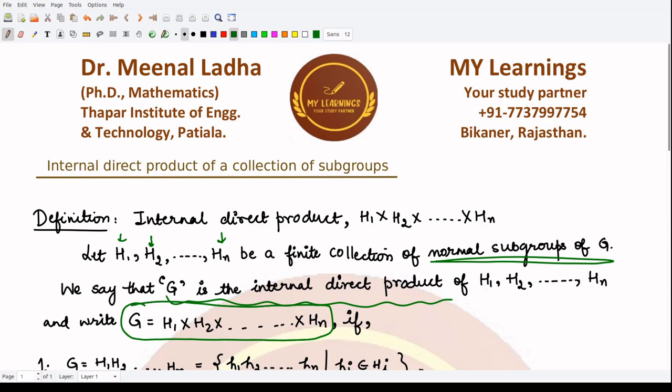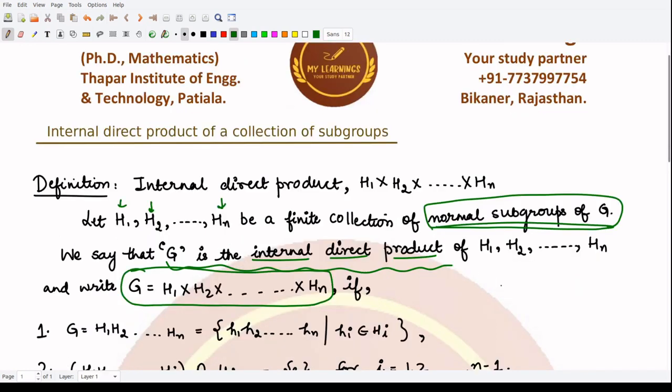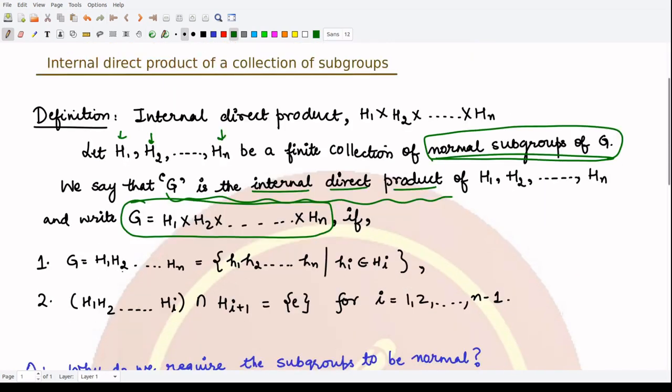This would be the internal direct product of all these subgroups whenever, first of all, they are all normal subgroups. Another thing, the elements are taken such that the first element is taken from the first subgroup, the second from the second one, the last from the last one and so on. And moreover, each subgroup should be disjoint from all the previous subgroups.